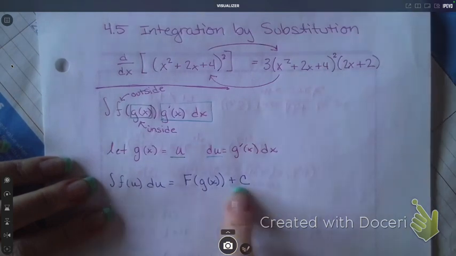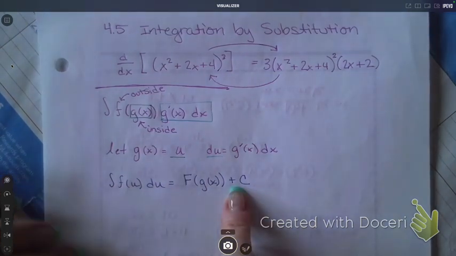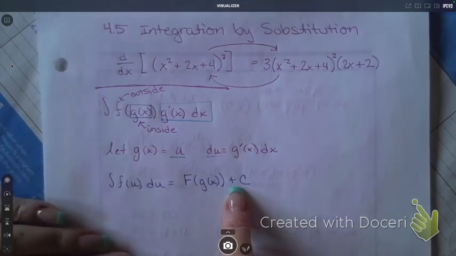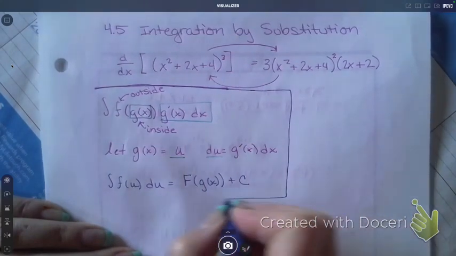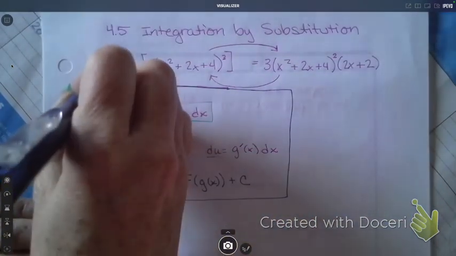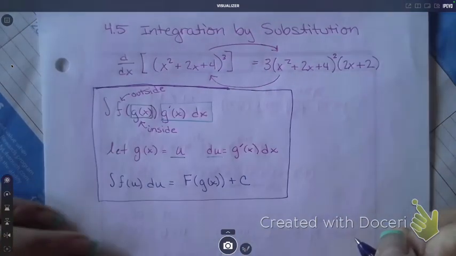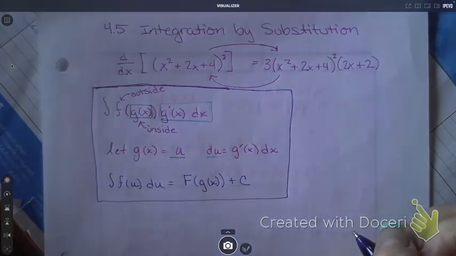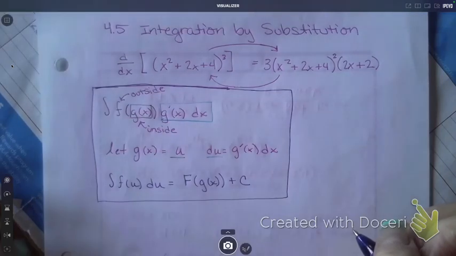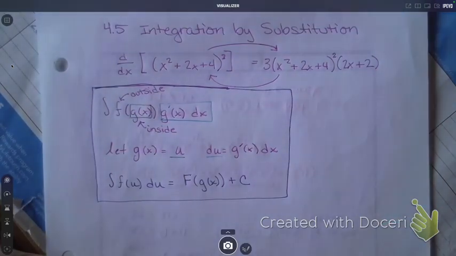When we take an integral, you always have the plus c, because it can be any constant. So this is what we are going to do. They say integration by substitution, and then they say change of variable, and they're kind of the same thing. Okay, so I'm going to move this up. You good? Okay.